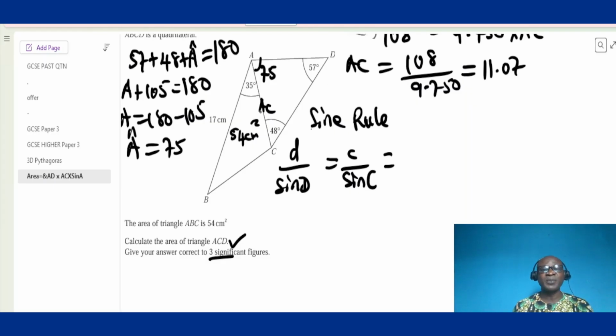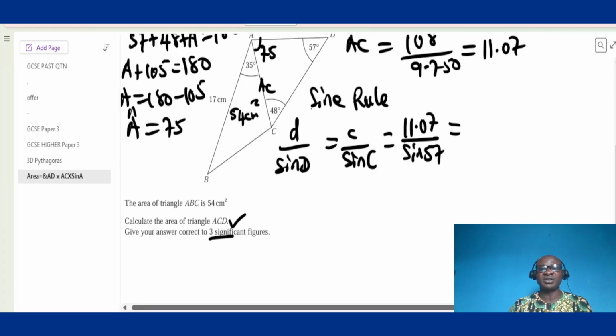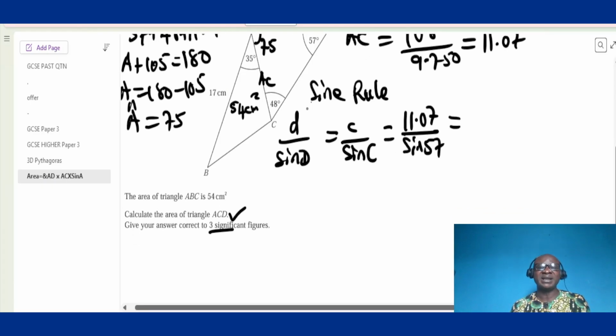So d is the side opposite D, which is the same thing as the line AC, and I got it to be 11.07, all over the angle at D, which is 57, so all over sine 57. Beautiful. This will give us what we are looking for, that is the length of AD.